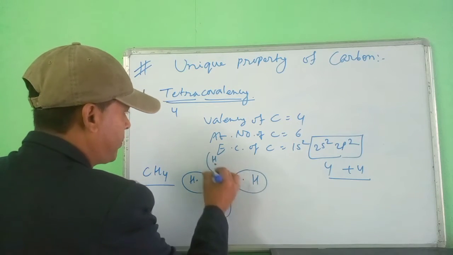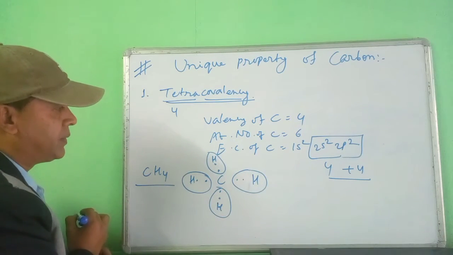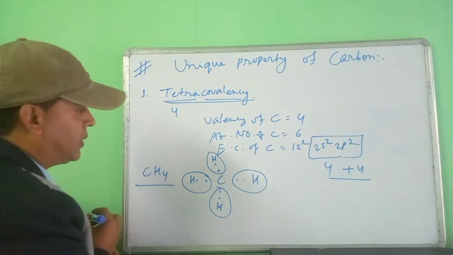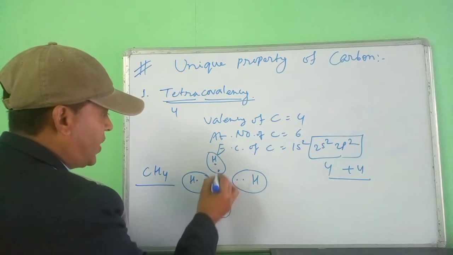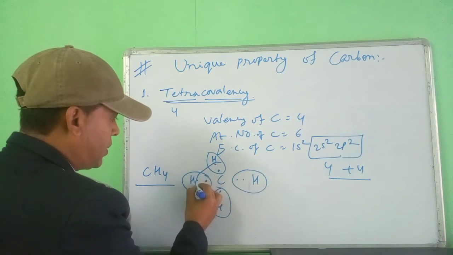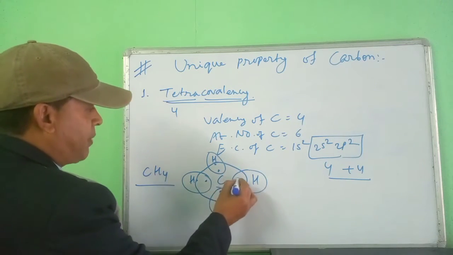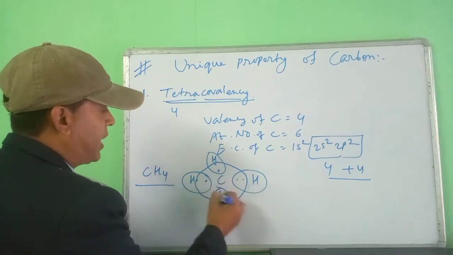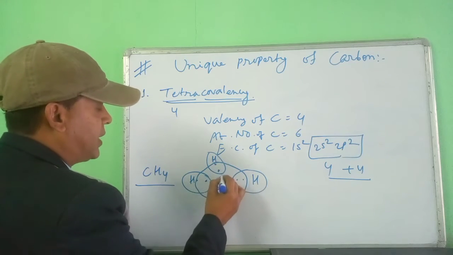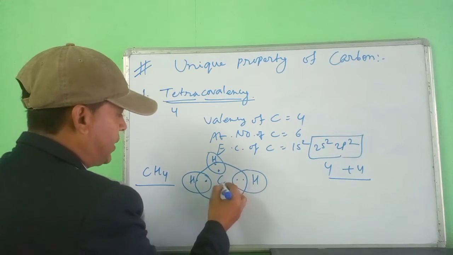Now carbon, in the circle, having how many electrons? 8 electrons. Then this is the stable state, the stable form.